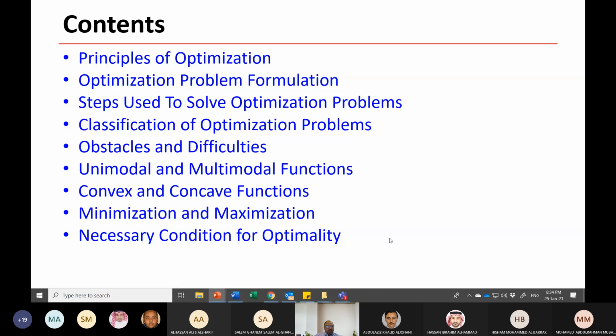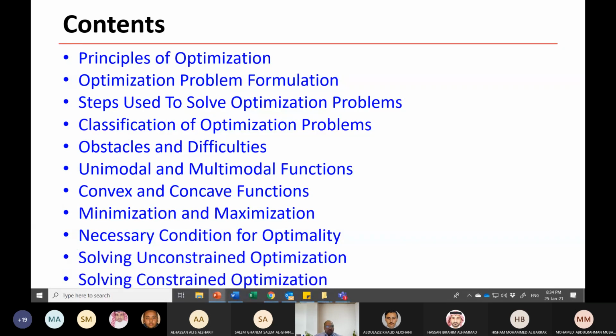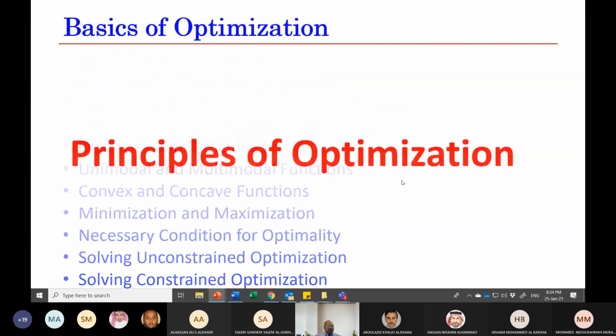Necessary conditions for optimality, and solving unconstrained optimization and constrained optimization problems. I guess some of you may already have taken some courses in optimization, so this part will be just to refresh your memory in this regard.